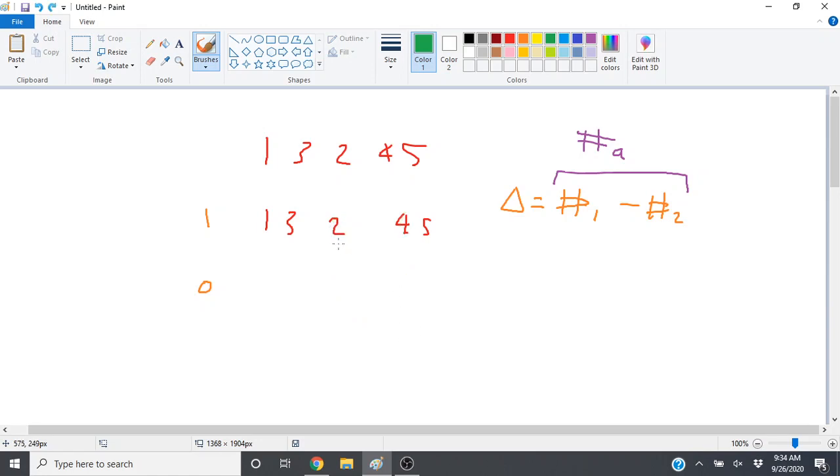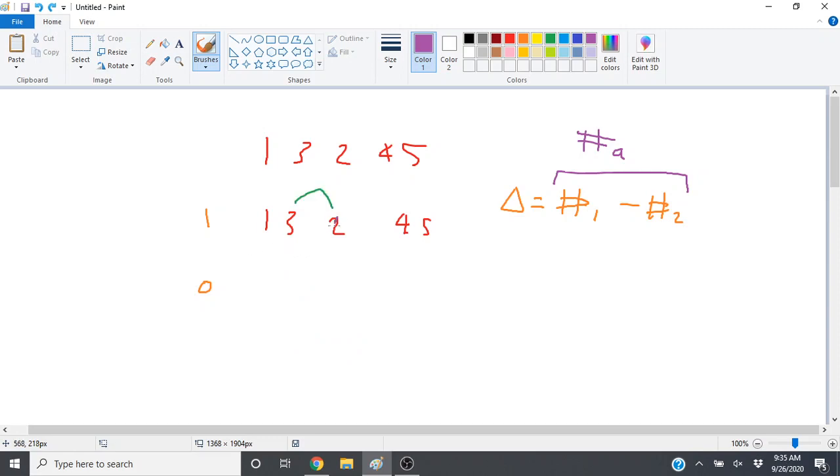What about pairs that do form an inversion? Well, this is a different case. We're going to consider this pair because this is the only pair that forms an inversion. If we move the 3 over, we lose this pair because now the 3 is gone and we only have the 2 and it's lonely. So in an inversion pair, if we move the 3 over, delta decreases by 1.